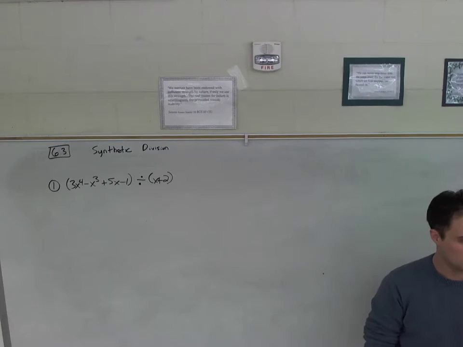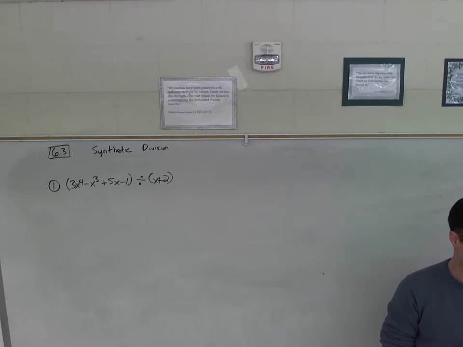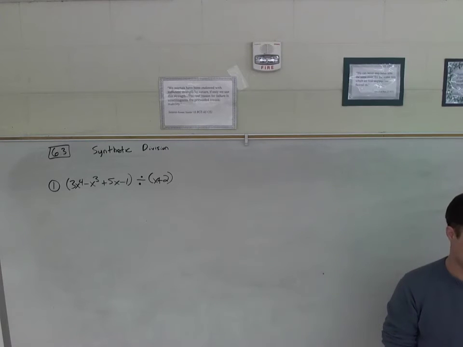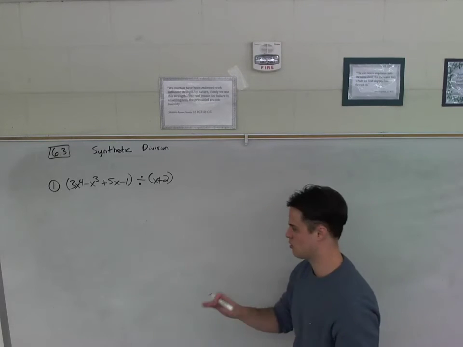Long division. You can divide variable expressions with long division. In fact, I think it's easier than with numbers, but you can make mistakes with it. It's kind of more powerful, but this is a lot faster. So we're just going to learn this one this year. It's almost all you ever need. You need long division once in a while, but it's good enough.